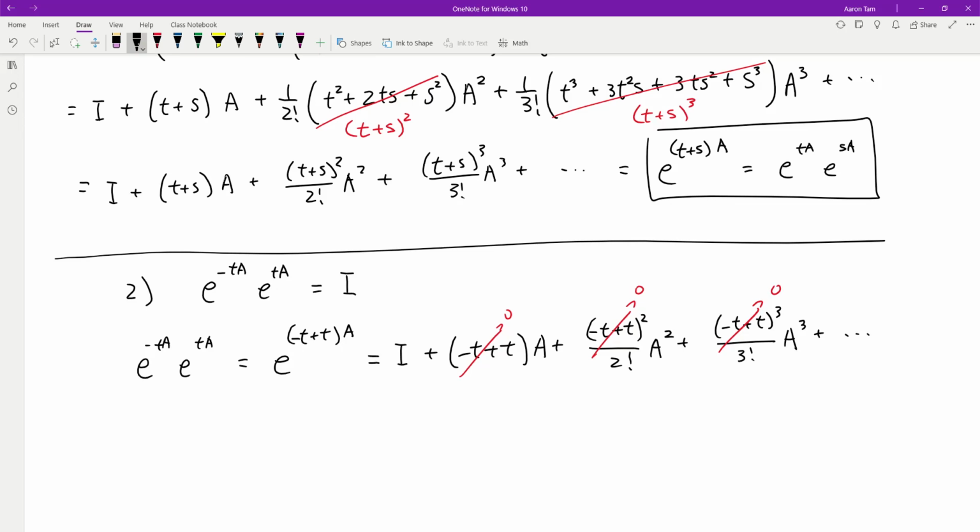So essentially what we have is just I times a whole bunch of 0 matrices afterward, which clearly comes out to be I. Which is also an interesting thing to note, that means that e to the 0t is equal to I, which is equal to e to the negative tA times e to tA.